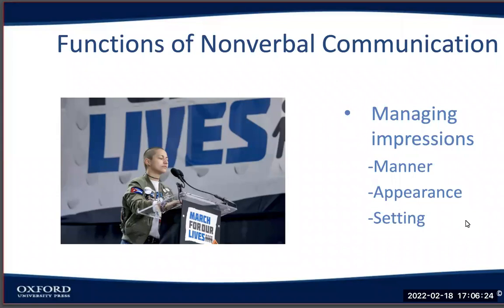You might smile a lot, or appear friendly or approachable, or your pose is going to seem relaxed, in a manner that the person can easily come up and talk to you. So these are ways that you're adapting your body language to manage your impression.